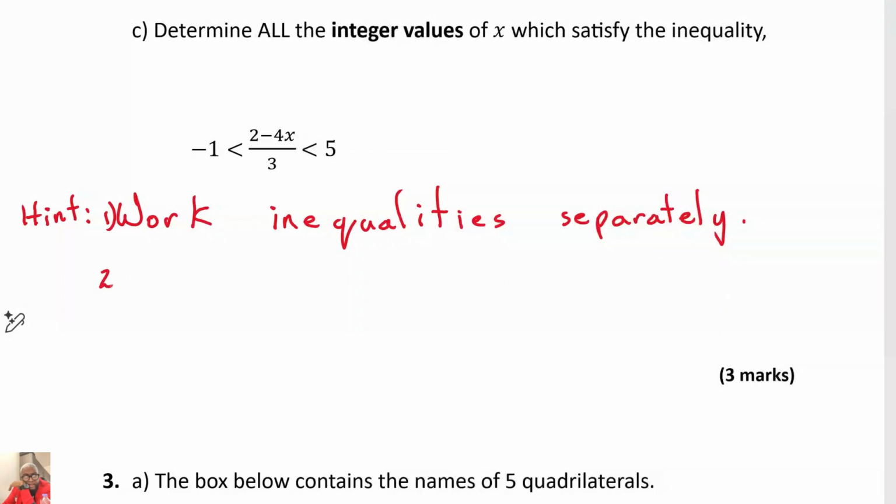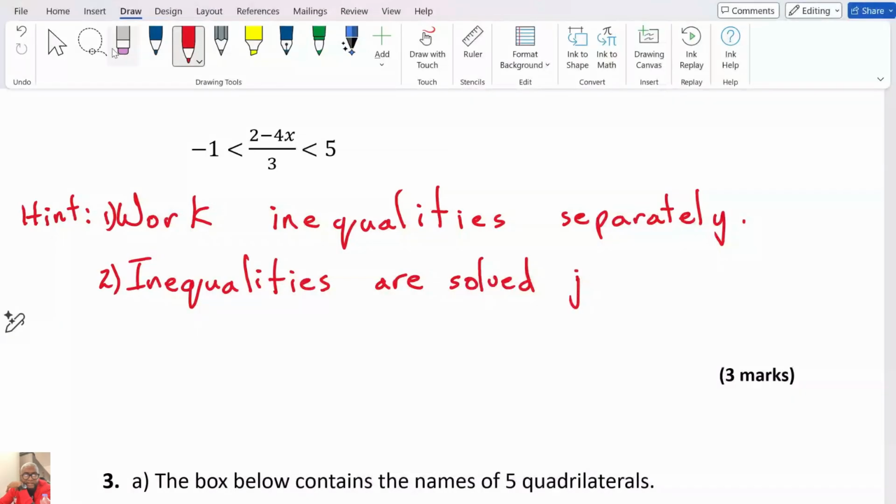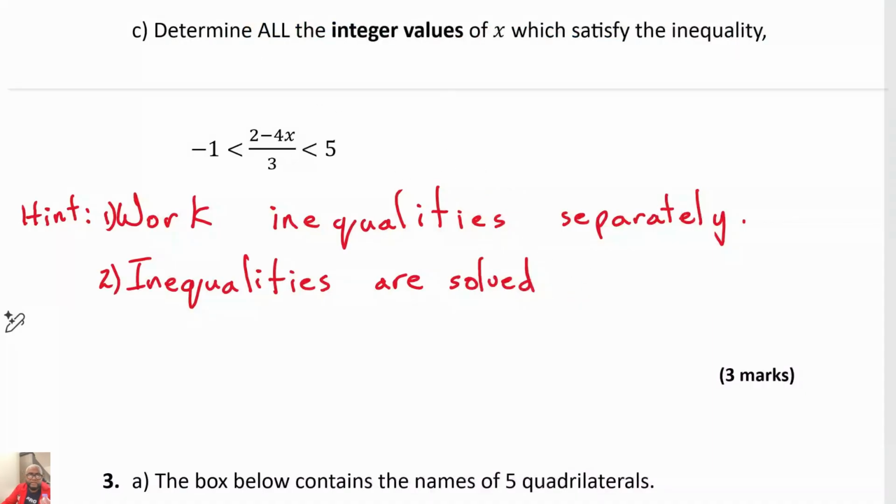And number 2: inequalities are solved similar to equalities, which are normal equations. The only thing that changes is the inequality sign.